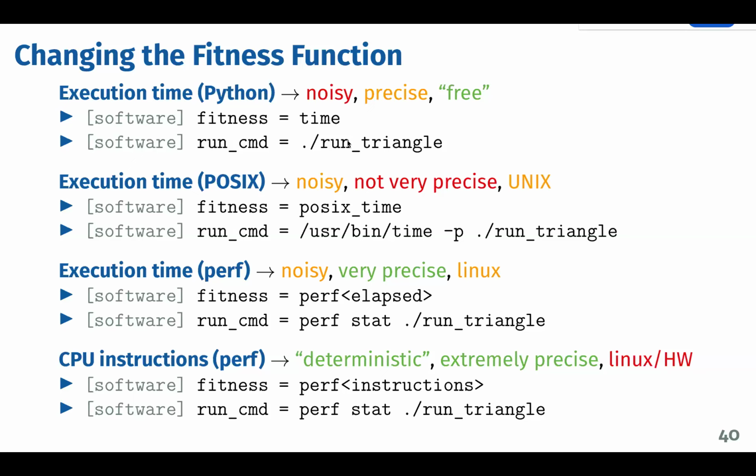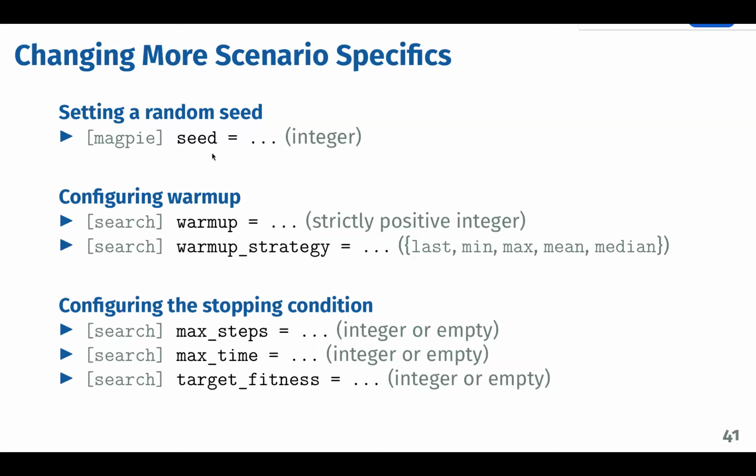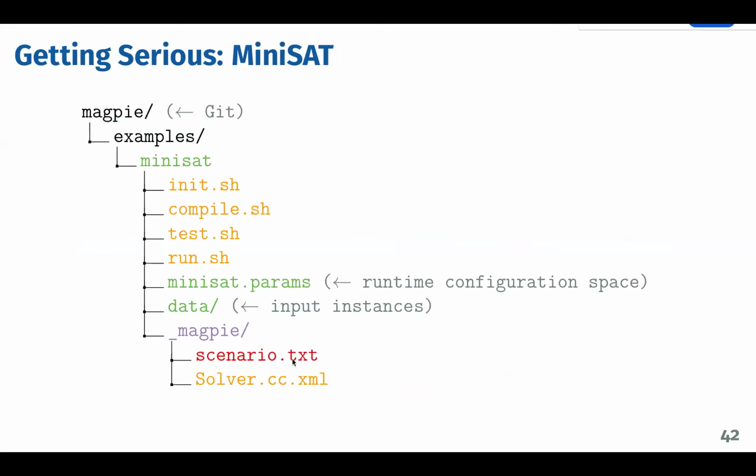It will not change your command itself. You can add a seed if you want to repeat things deterministically. It will not remove the noise, but it will be able to fix the order of the generated edits. You can change the warm-up strategy, the number of steps.